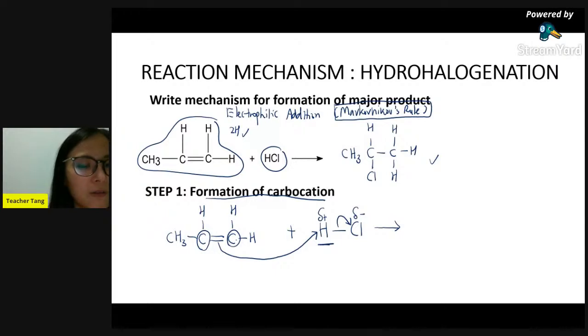This carbon has two hydrogens. Markovnikov says the carbon that has more hydrogens will get the hydrogen. Therefore this hydrogen will go to the first carbon.